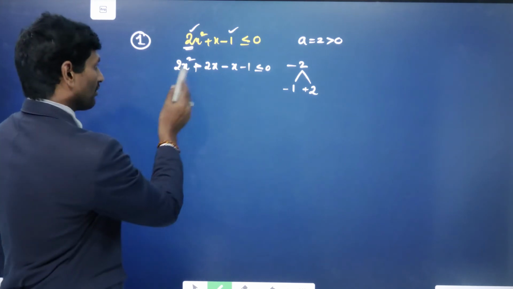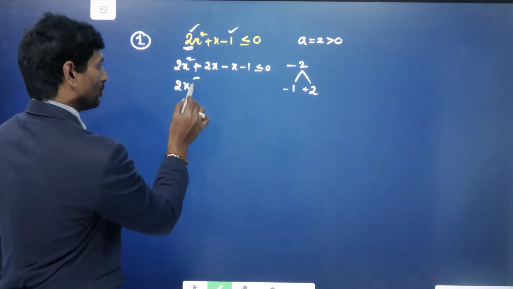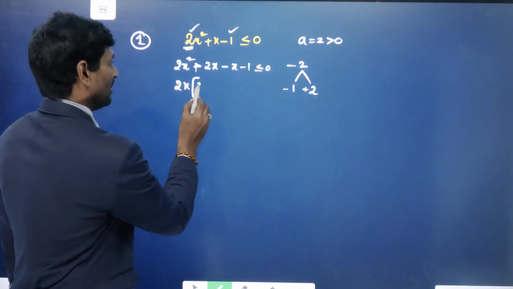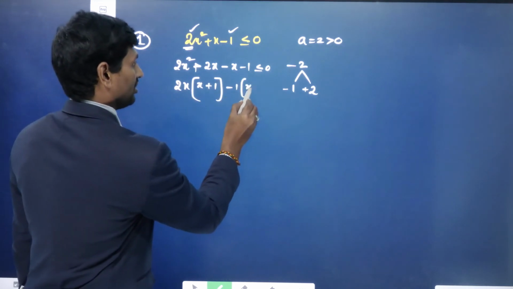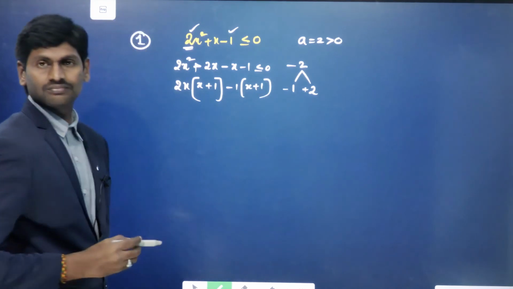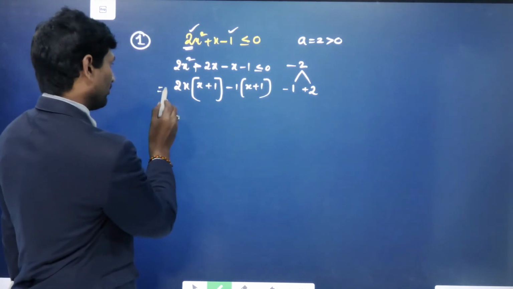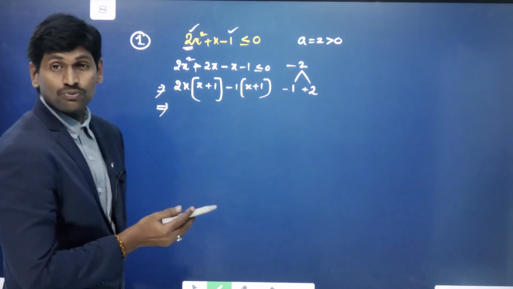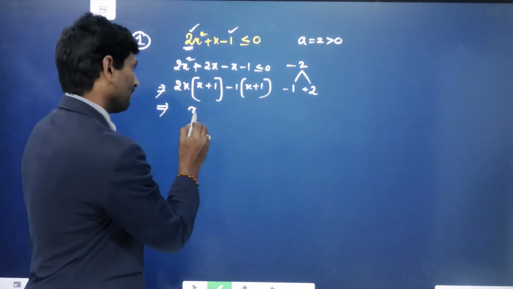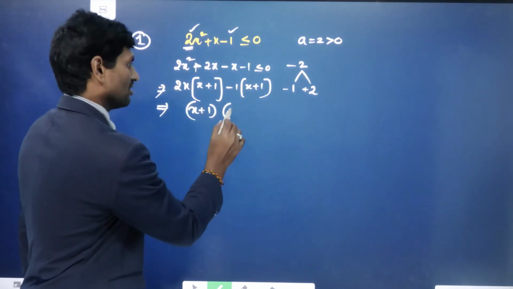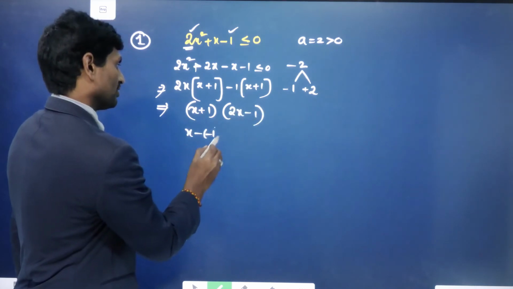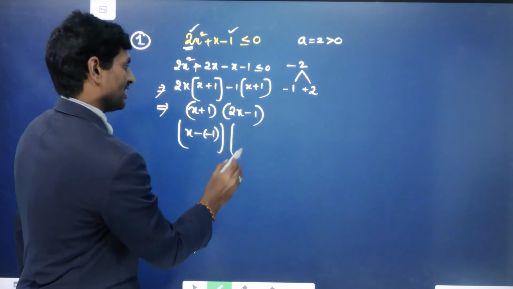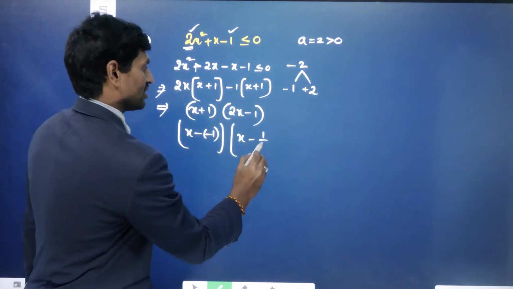From first two terms we can take 2x as common, x plus 1 remains, here minus 1 common, x plus 1 remains. So if x plus 1 is a common factor, we can write this as x minus of minus 1, and second one is x minus of 1 by 2.